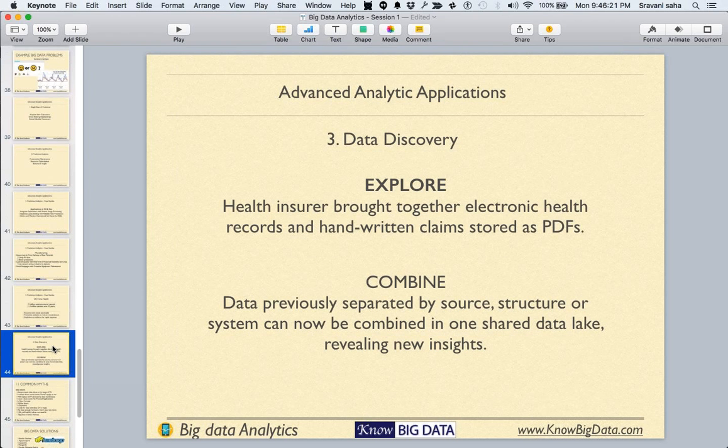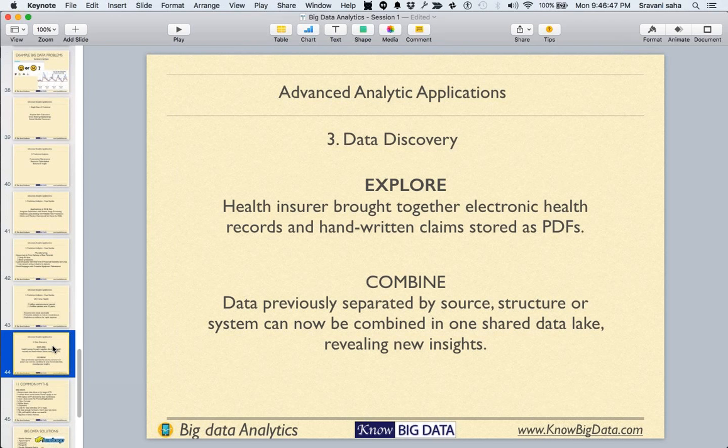Data discovery, okay, and exploring the data, as in health insurance: bringing together electronic health records and handwritten claims stored as PDF. Generally the health insurer needs to crunch a lot of data.